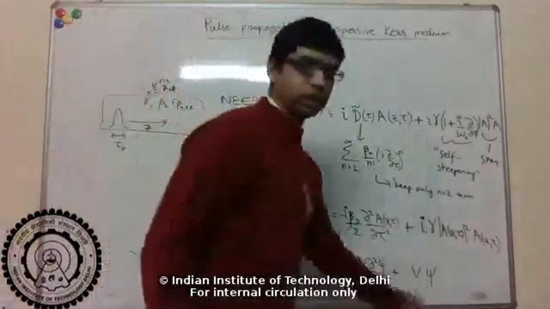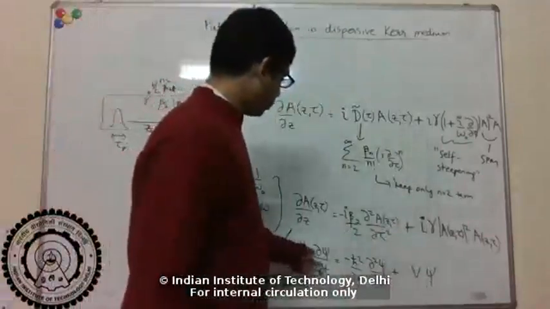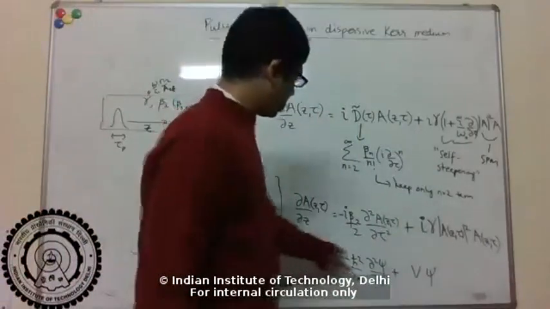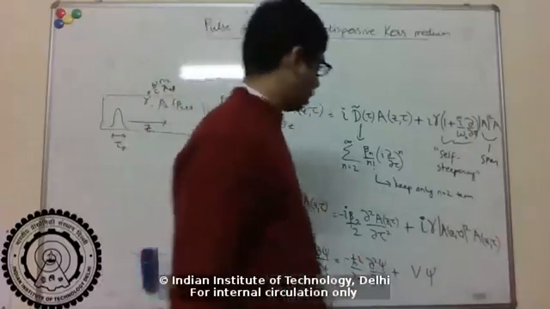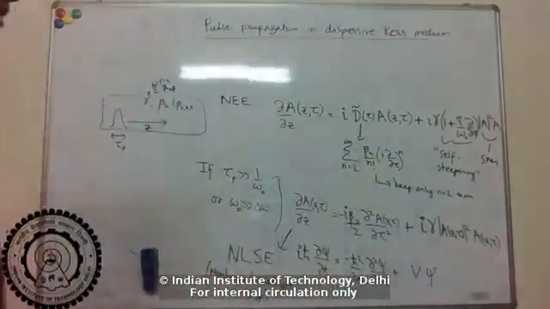If I write a one-dimensional Schrodinger equation, then I have a term del psi by del t. Then I have a second derivative del square psi by del x square, and then some potential multiplied by the wave function.